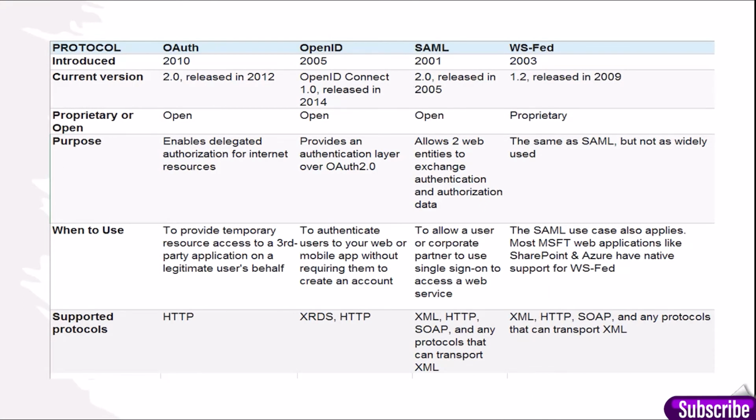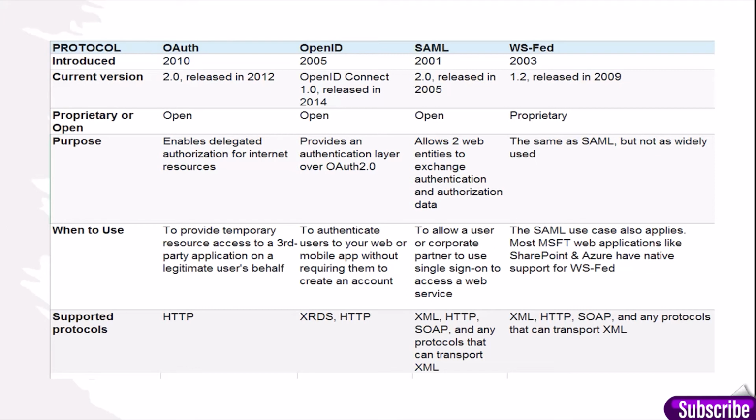Now, the current version of OAuth is 2.0, OpenID Connect is 1.0, which was released in 2014. SAML is 2.0, and WS-Fed, Web Service Federation, was released in 1.0. Right now it is 1.2, which was released in 2009. Now, OAuth, OpenID, and SAML are open, but Web Service Federation is proprietary.